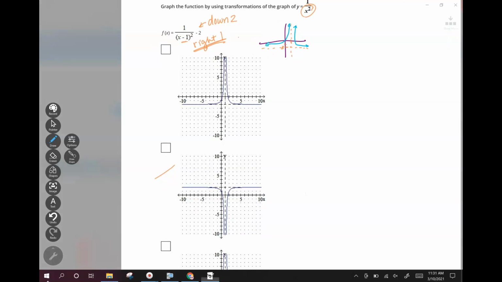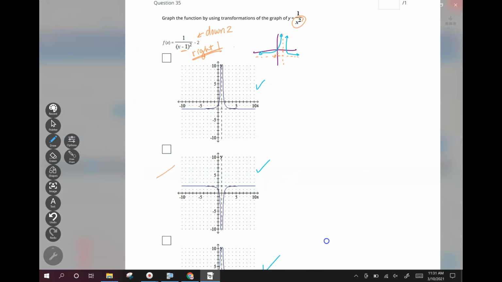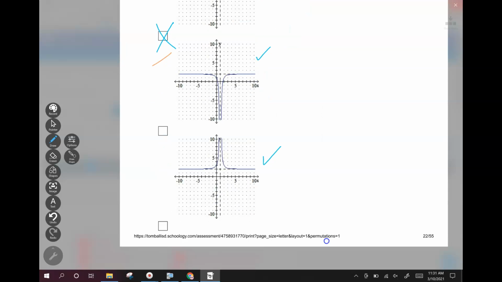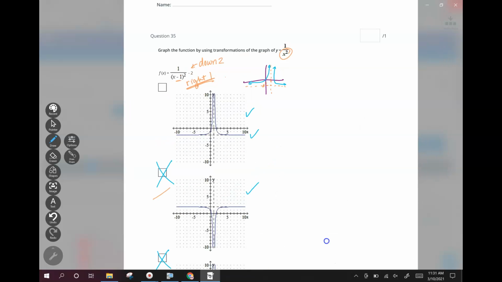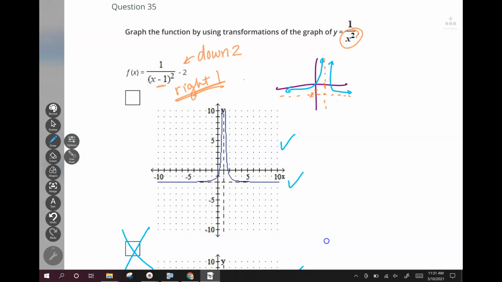We need our vertical asymptote at 1, so this one's good, this one's good, that one's good, and I'll get to the one on the next page in a minute. My horizontal asymptote's at negative 2, this one's good, this one is at positive 2, so that's not it. This one is at positive 2 as well, so that's not it. Let's see if this one checks out on everything else.